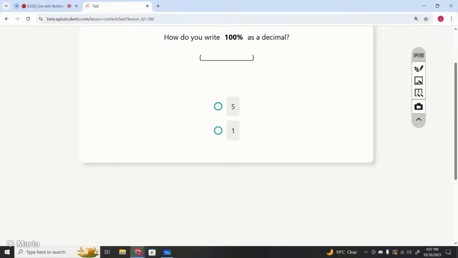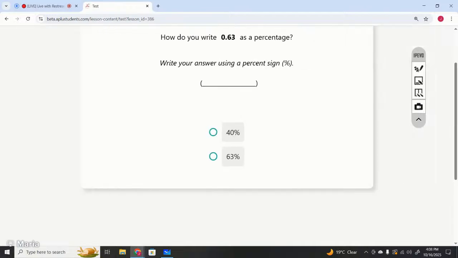How do you write 100% as a decimal? 100% as a decimal equals 1. Option number 2 is the correct option.